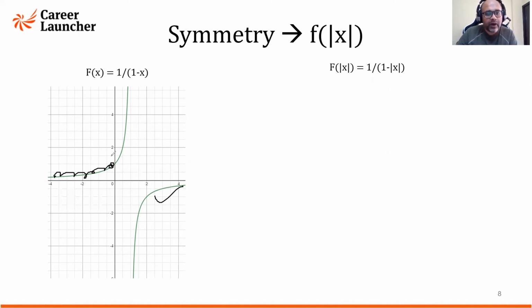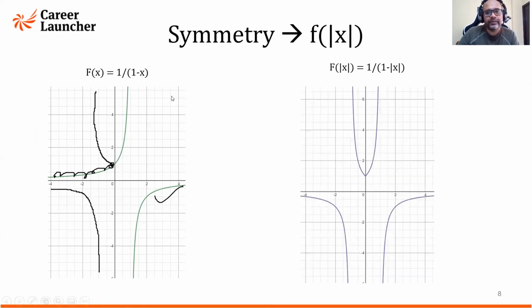And after deleting, I'm supposed to have a mirror image like this for the remaining. So whatever is on the right hand side, I'm supposed to get a mirror image. And that's how your graph will look like actually. So you can see the left side is completely deleted, right side is reflected, and this side is reflected. So this is how you find your f of mod x. This is a very cool way of finding your modulus.